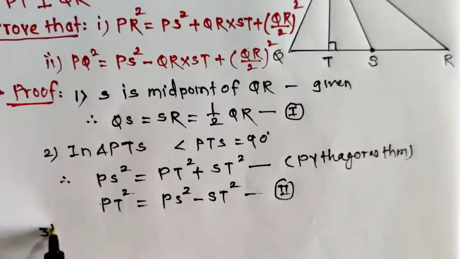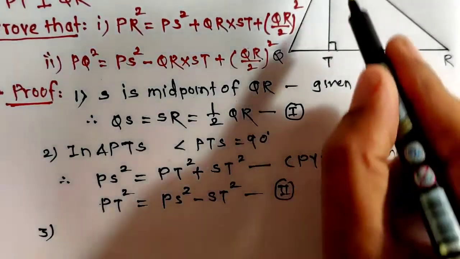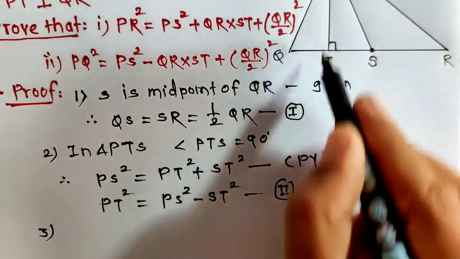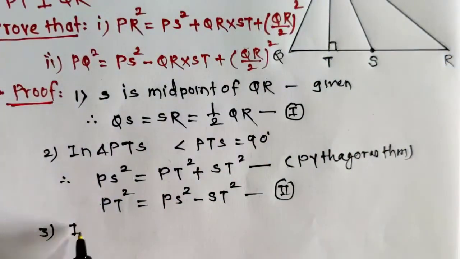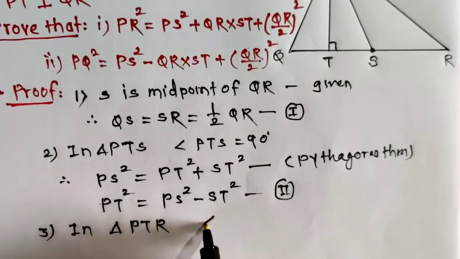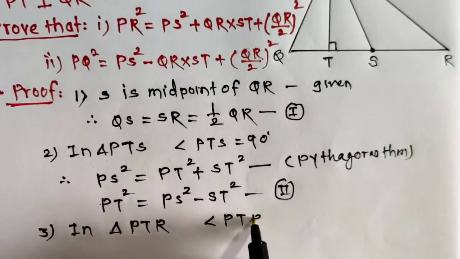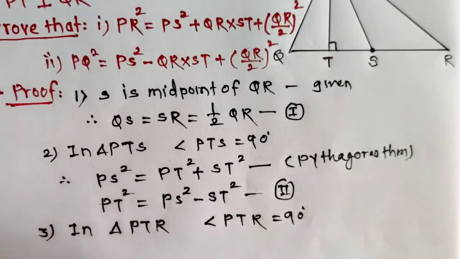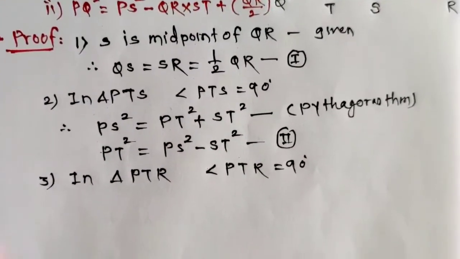Now third thing, what we have to find, the first value, PR square. PR is the side of which triangle? PTR. So in triangle PTR, simply use Pythagoras theorem. Angle PTR is 90 degree. Whenever it is a right angle triangle, we can use the Pythagoras theorem.